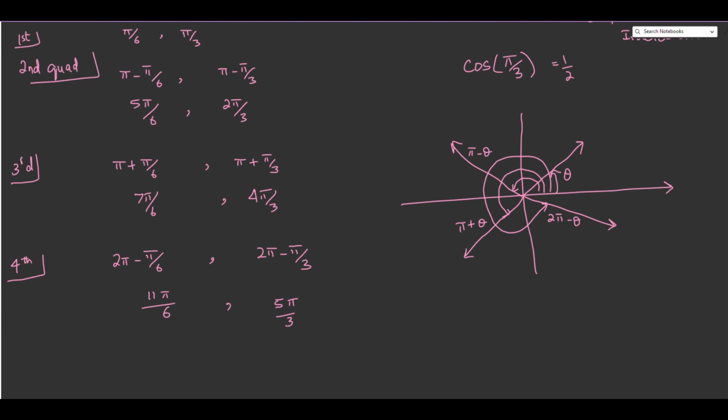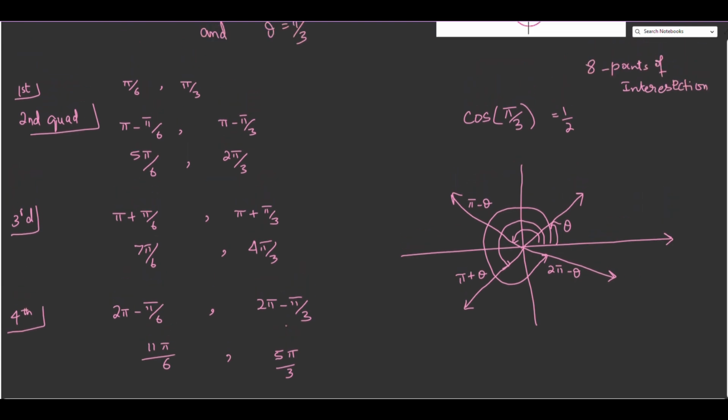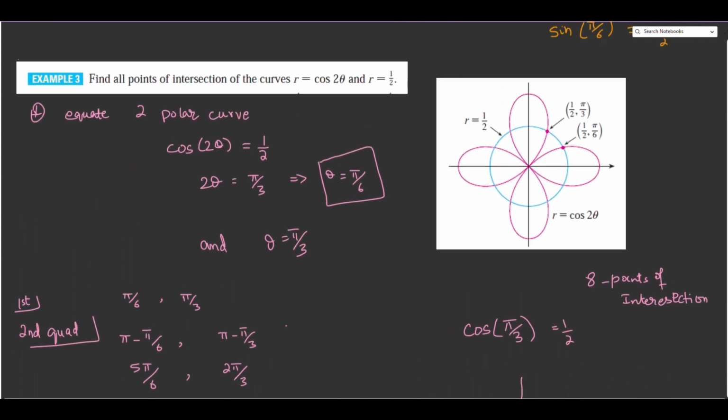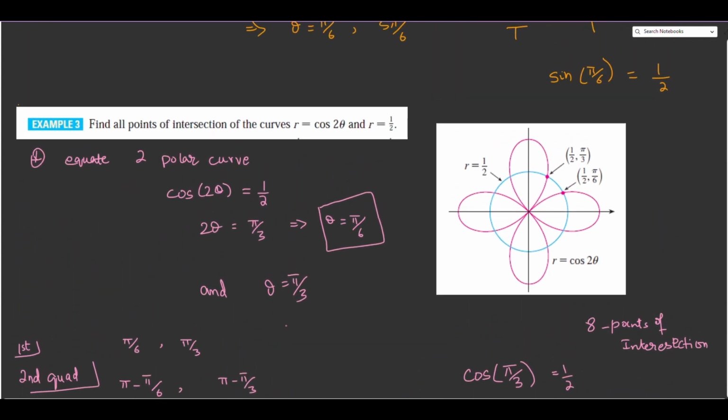So these are the 8. That's how you can find the 8 points of intersection. So first, what is the main idea? The main idea is, first we find the points of intersection in the first quadrant, and then we will find all the points of intersection in the other quadrants.